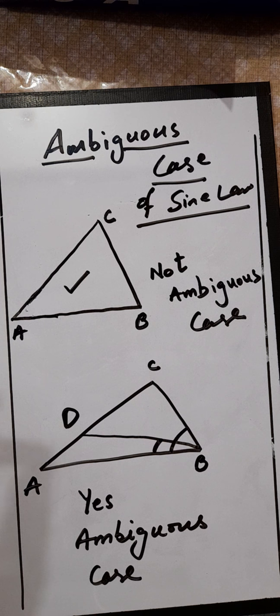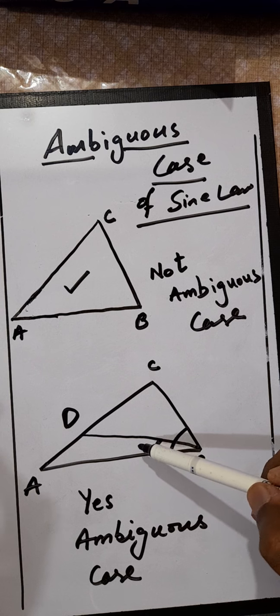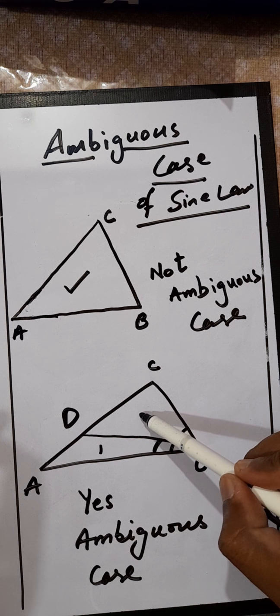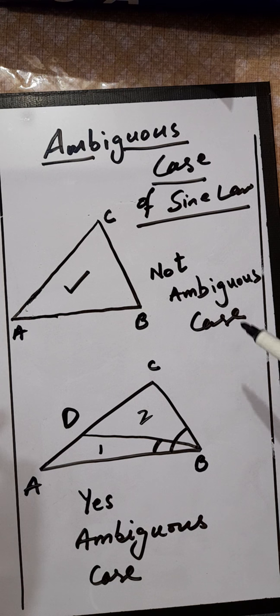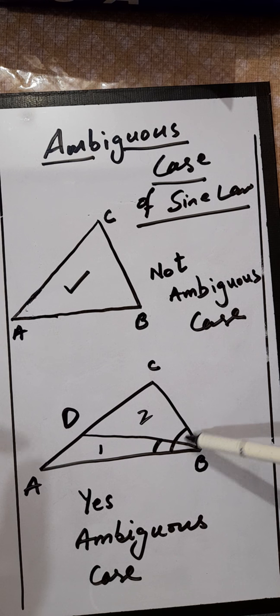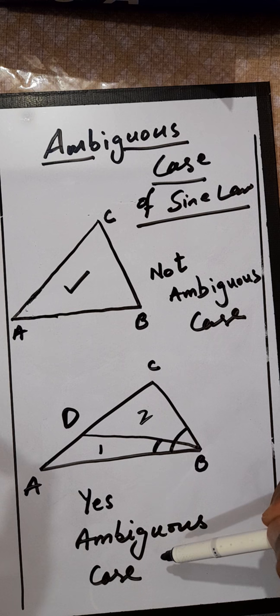Sometimes we get these types of possibilities that we can construct two triangles. Like you can see that if we call this one triangle and this the second triangle, we can construct two triangles. And if we are in this type of position, then this type of case is called an ambiguous case.